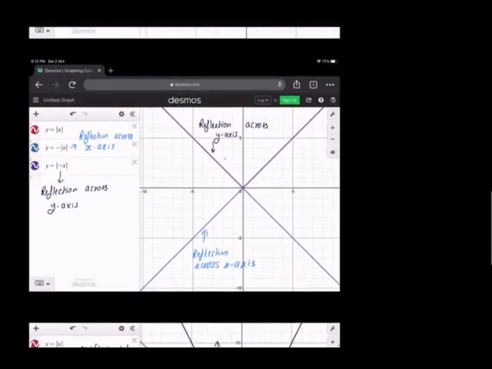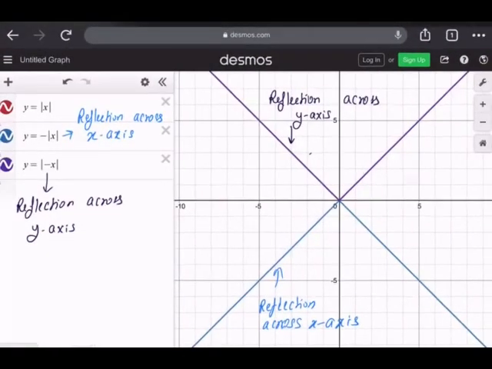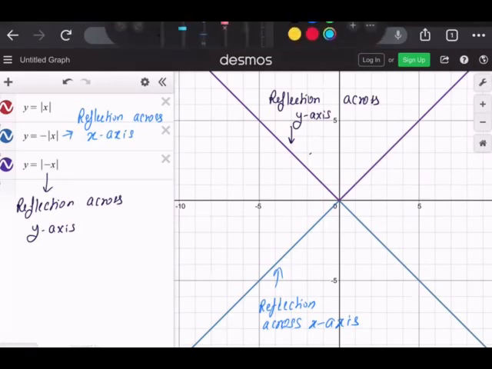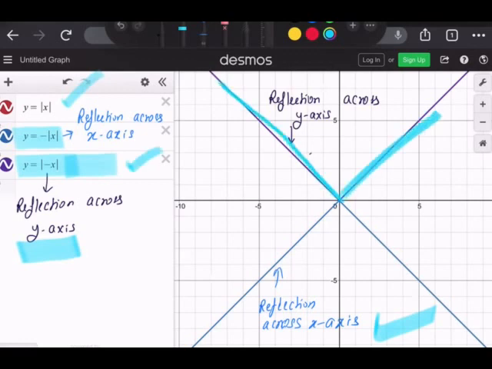Next that I showed you was the reflections. So reflection across, if the negative is outside, it is going to be reflected across the x-axis. If it is inside, it is going to reflect across the y-axis. You could not see it because the red and the purple are reflections across the y-axis, so they overlap each other.